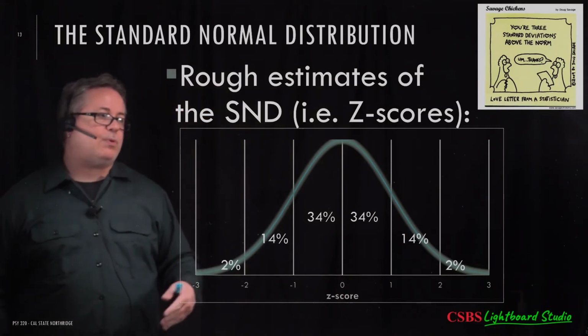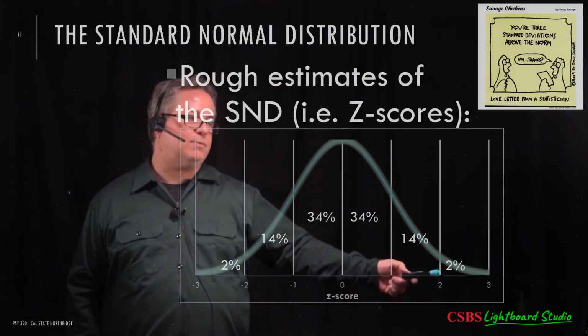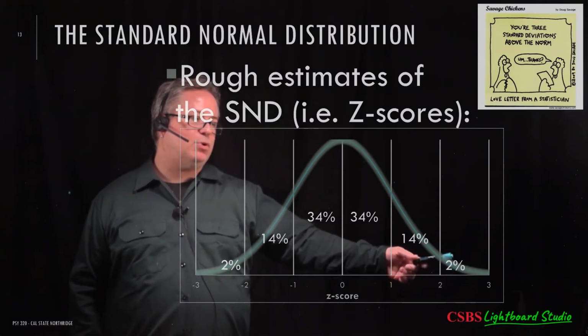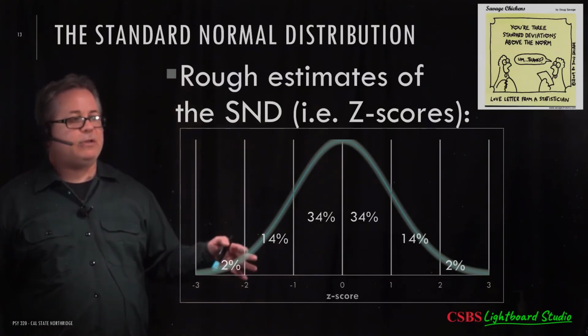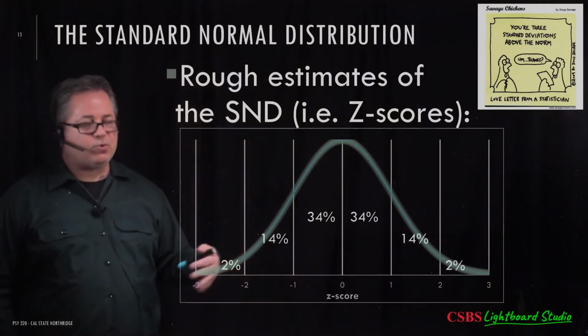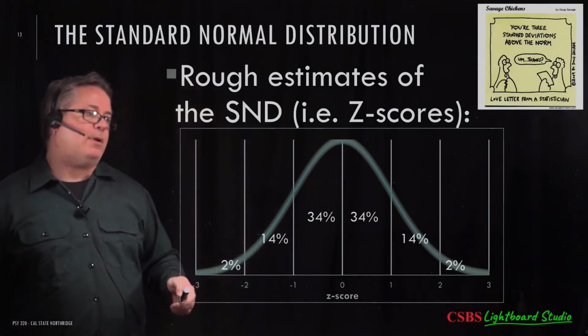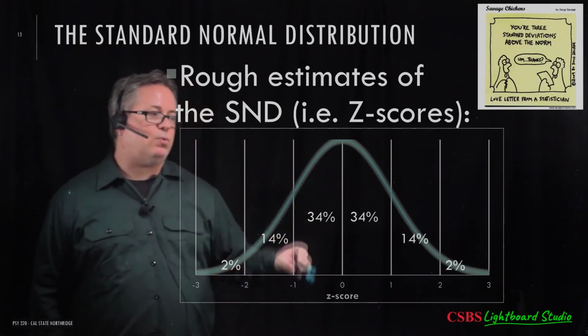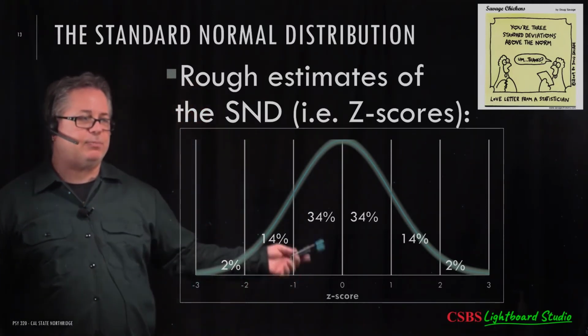Or what's the probability that someone's going to score above a standard deviation of +2? There's only 2% there. If we keep these in mind, this can get us pretty far in estimating the percentages for scores, at least at whole z-score units, like -1, -2, +1, +2.